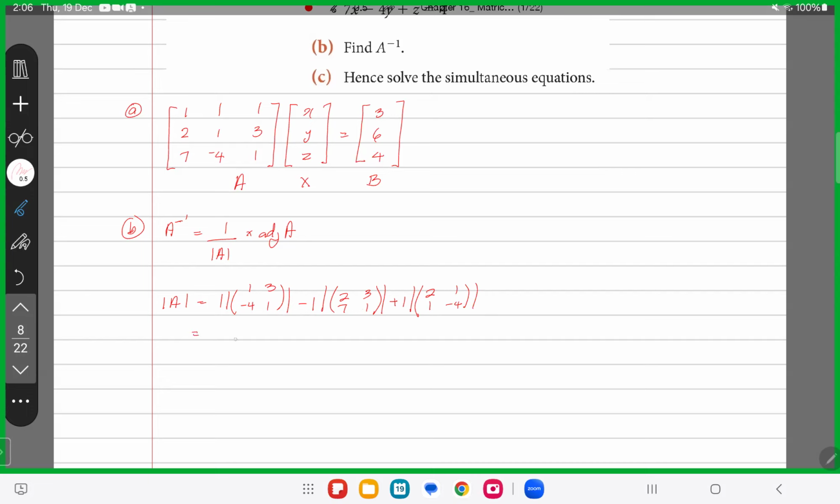So the determinant becomes 1 times 1 minus 12, minus 1 times 2 minus 21, plus 1 times minus 8 minus 1. This becomes 13 plus 19 minus 9.